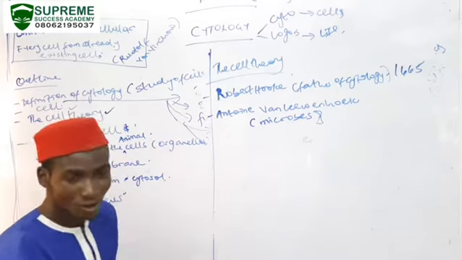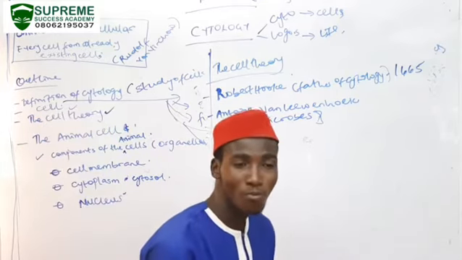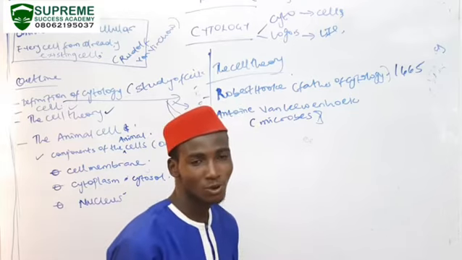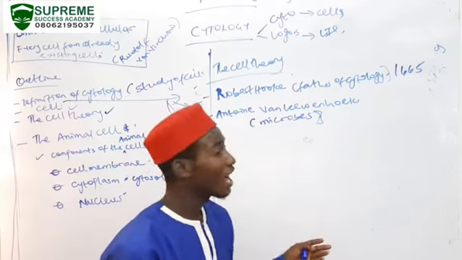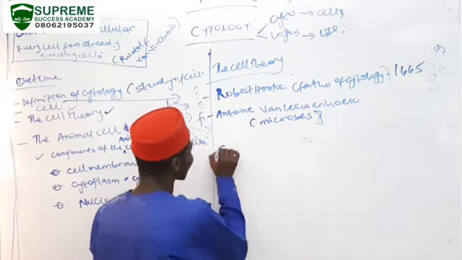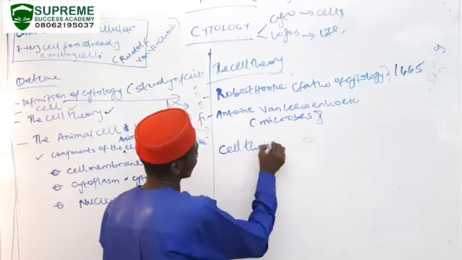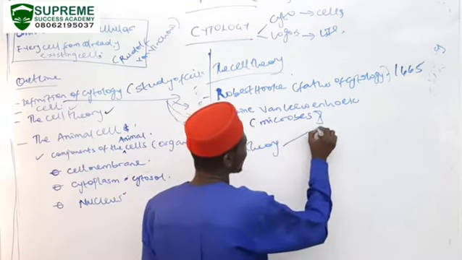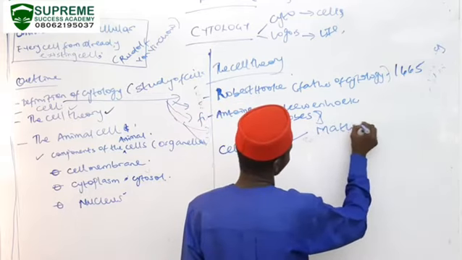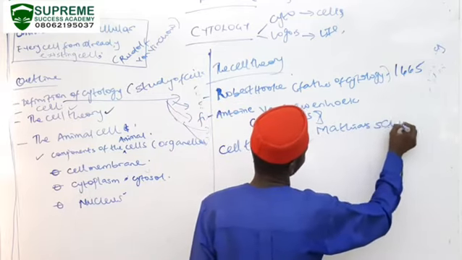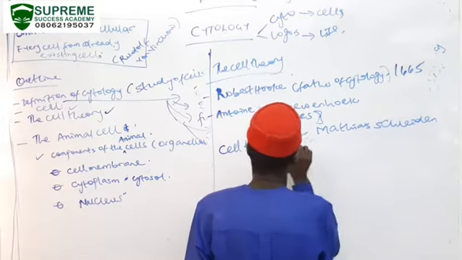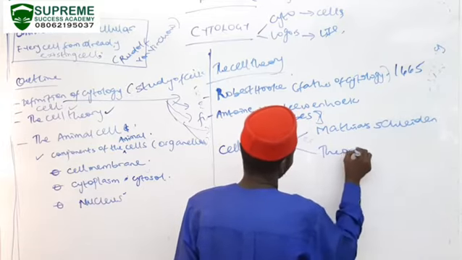There are a lot of other scientists who worked on bringing to bear the concept of the cell. However, the cell theory is credited to the work of two scientists. We have Matthias Schleiden and Theodor Schwann.